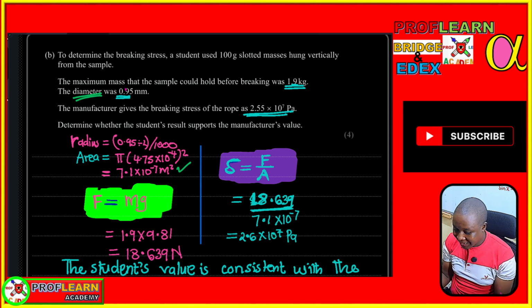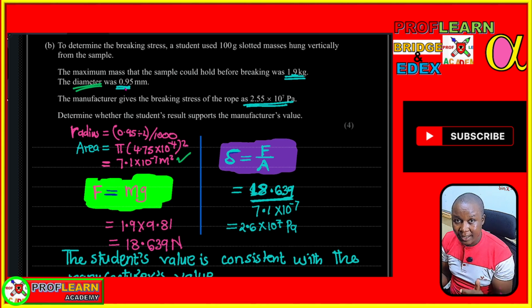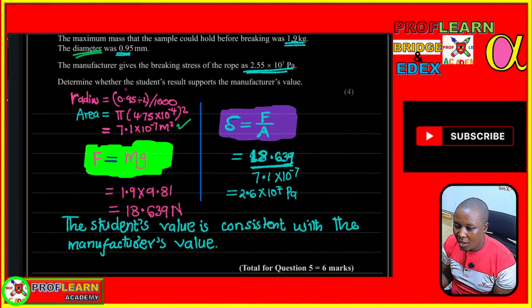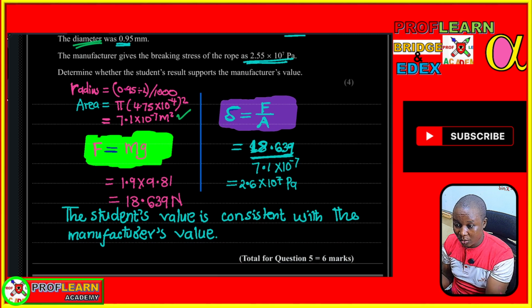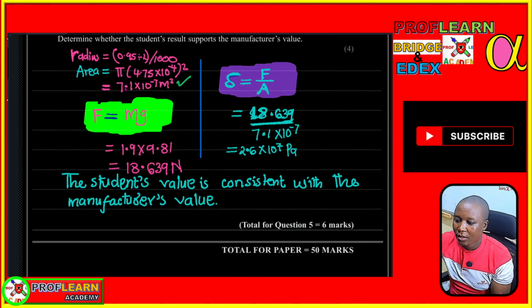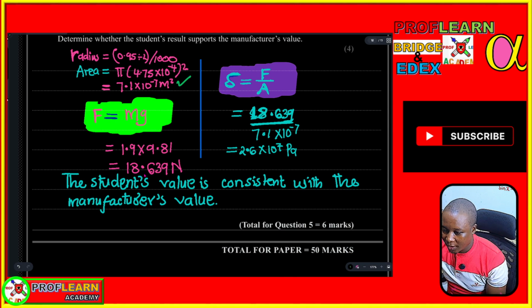Otherwise, there is going to be a crisis, and you will cry after the exam, realizing that you forgot it was diameter, not radius. Don't forget that. Then the force exerted will be the weight, which is mg, and working it out, we get 18.639 newtons.